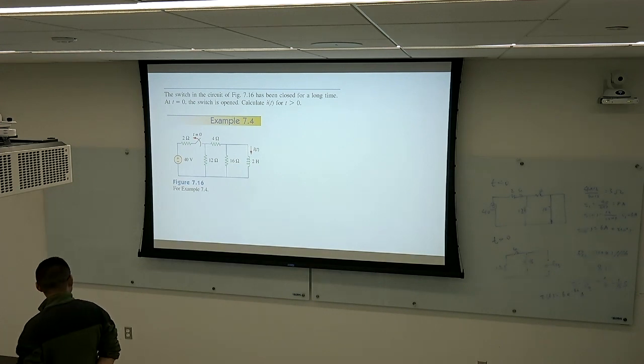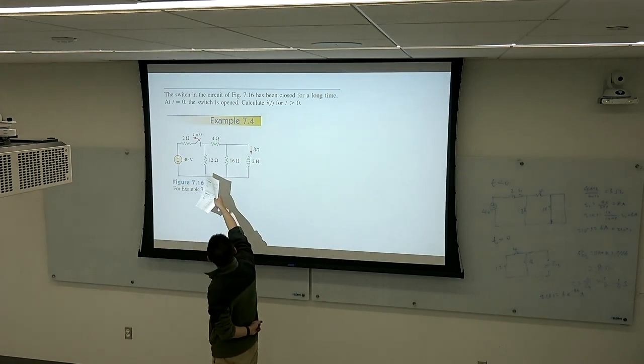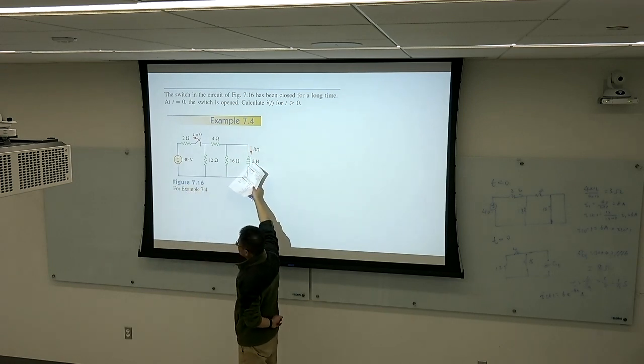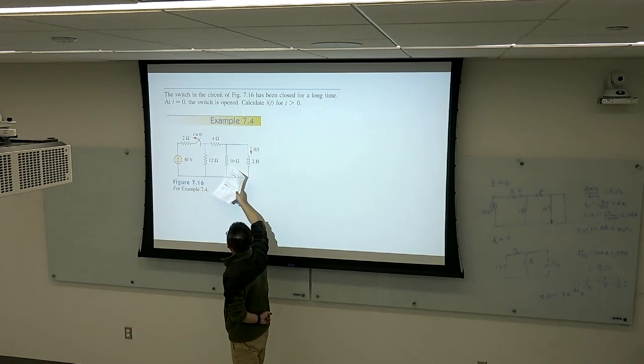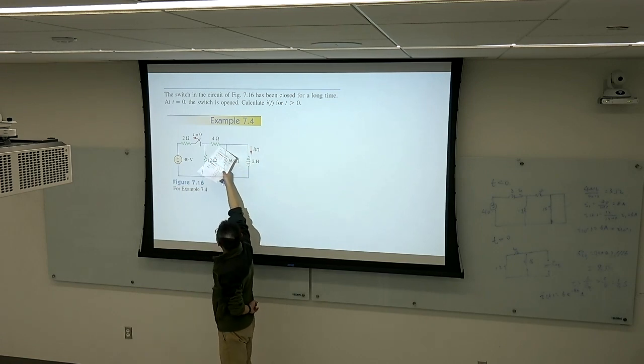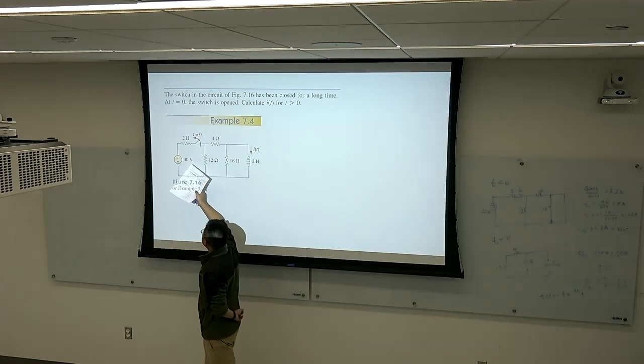Should we not do the analysis when the switch is closed? So this one is a short circuit. We can remove this. So this resistor and this resistor, they are in series.